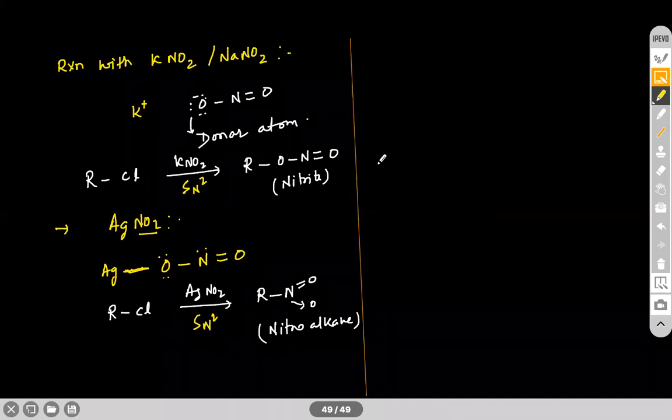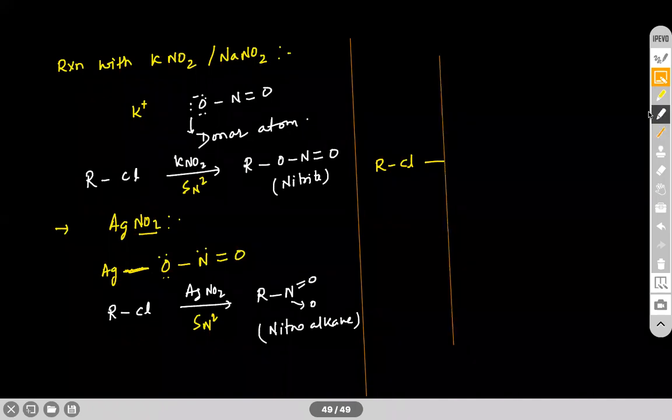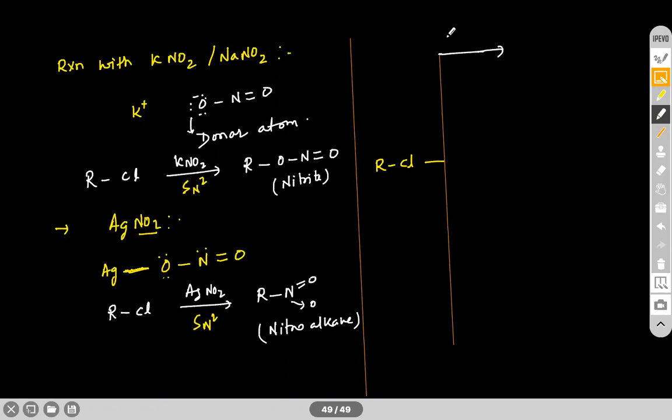There are some other examples of SN2 reaction. Write it down: aqueous KOH, CH3ONa with CH3OH. Write down the product in all these reactions.